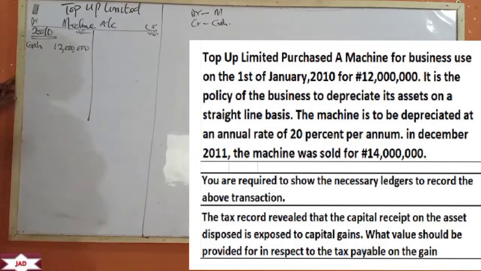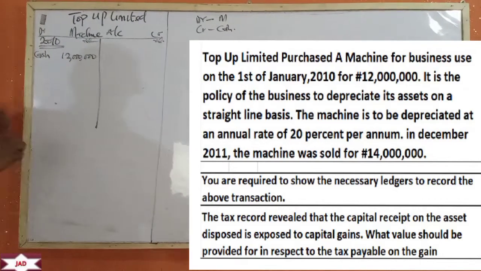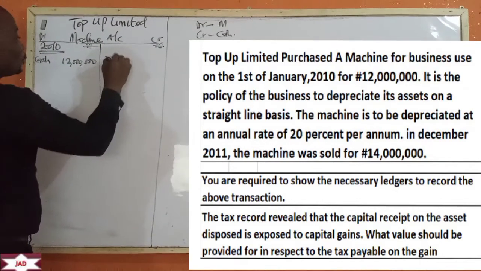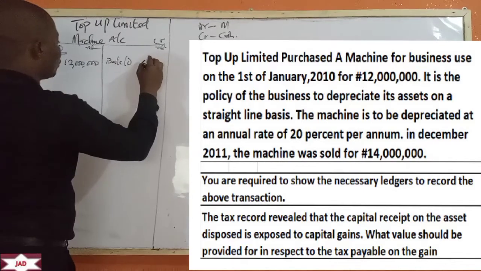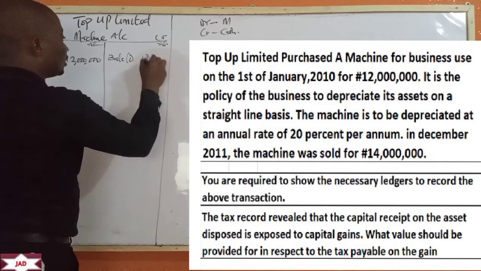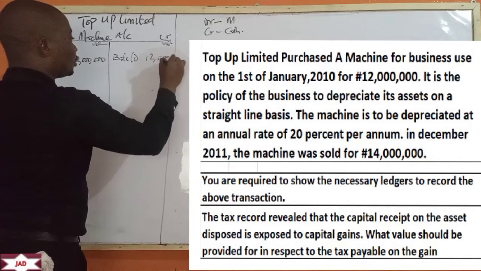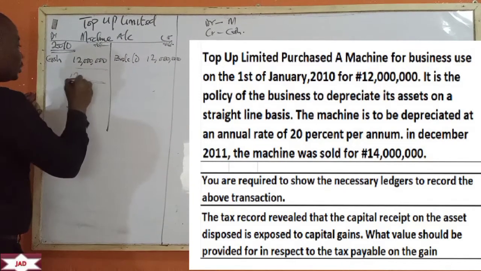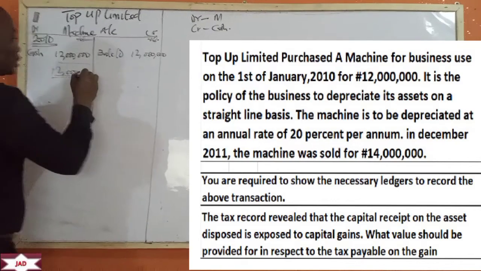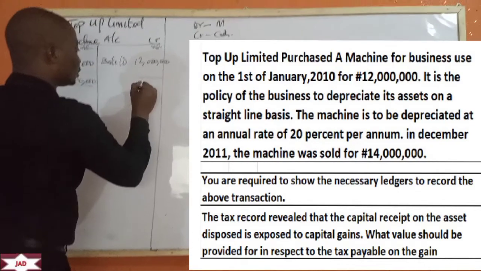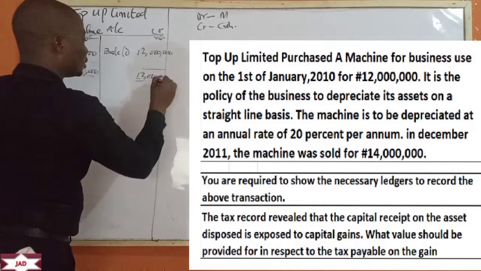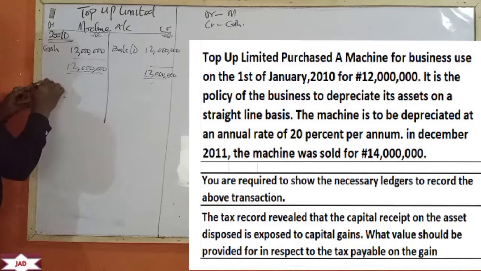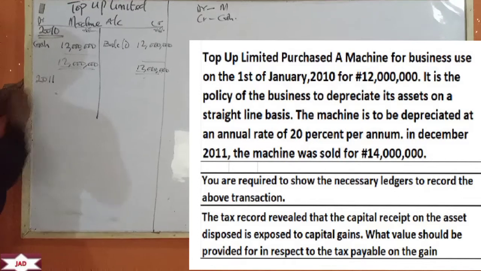12 million. Okay, so by the end of 2010, the value will remain the same. Of course, the cost will remain the same. So we have 12 million, right? So that's 12 million for 2011.